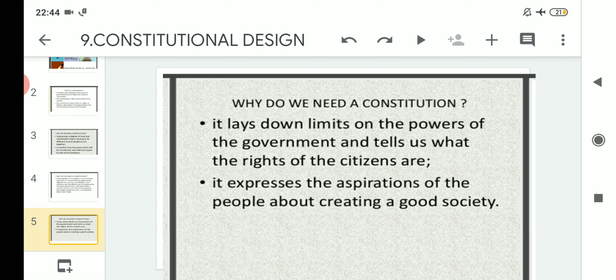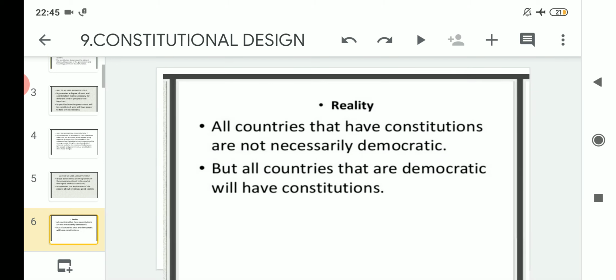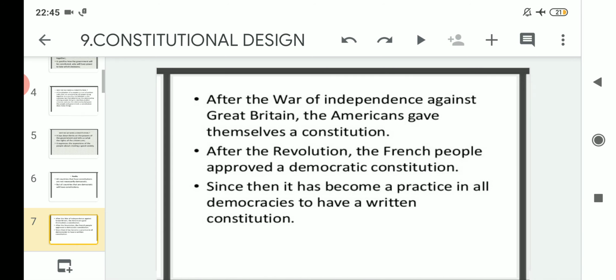Then we read about the necessities, that it lays down limits, it builds a relationship between the people and the government of that particular country. We also read about what actually inspired the Americans and French to have their own constitution. For the Americans, it was the War of Independence that motivated them, and for the French people, it was the French Revolution.